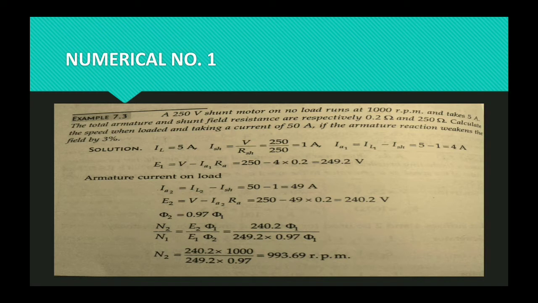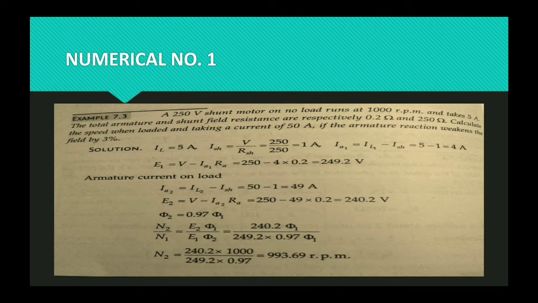So what is the statement? You can see here a DC motor which is shunt wound. Supply voltage is 250 volt. The speed is 1000 rpm and it takes a total of 5 ampere current. The armature resistance is 0.2 ohm, and the shunt field resistance is 250 ohm.